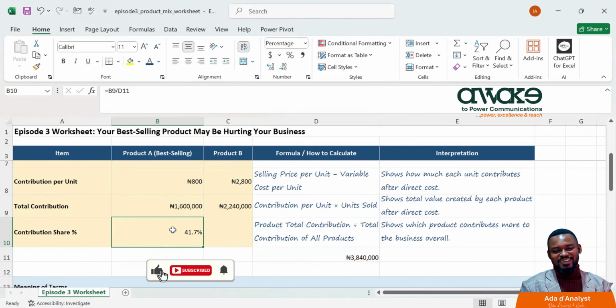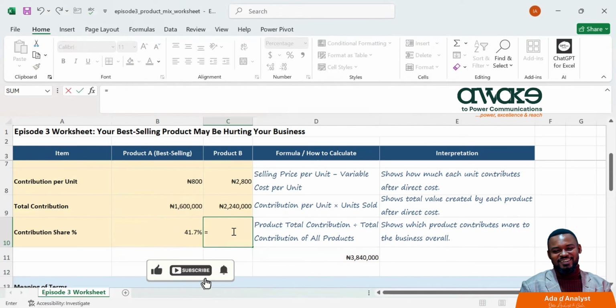It gives us 41.7. This is the contribution share of this product. What about the contribution share of this other product? Product B will be its total contribution divided by our total contribution of all products.